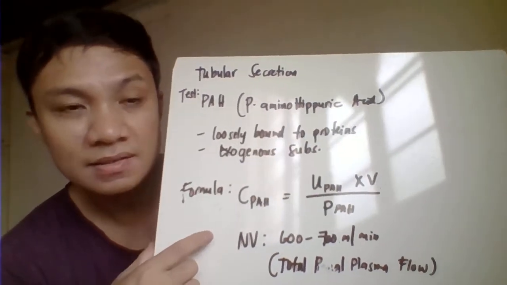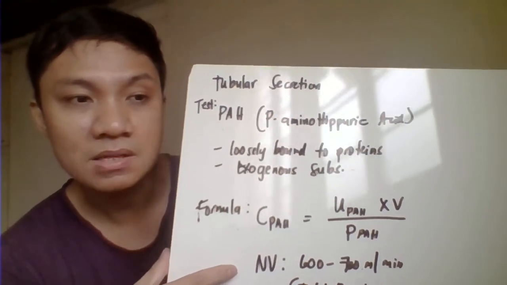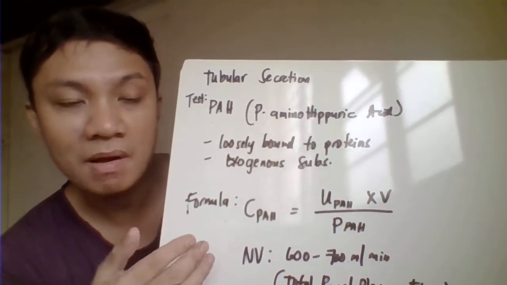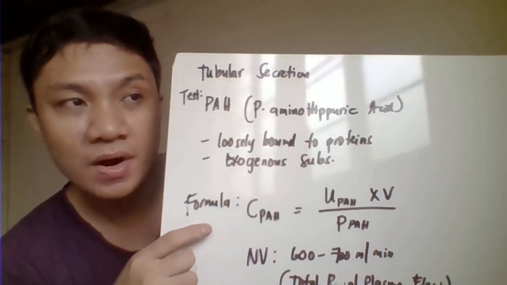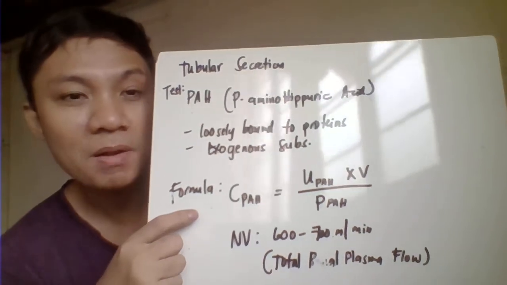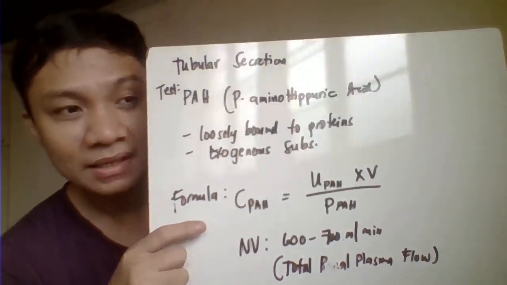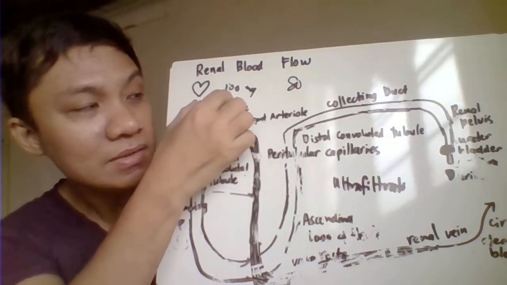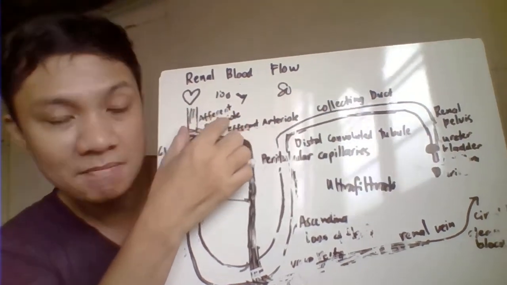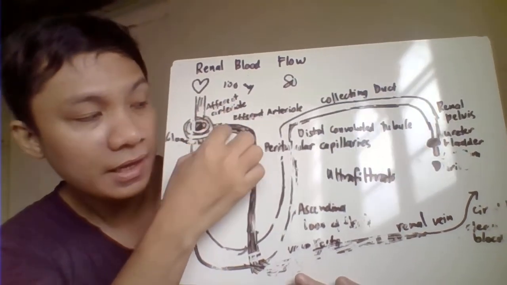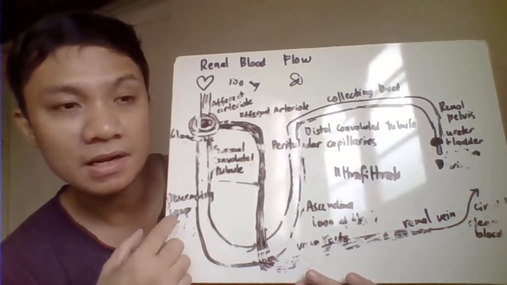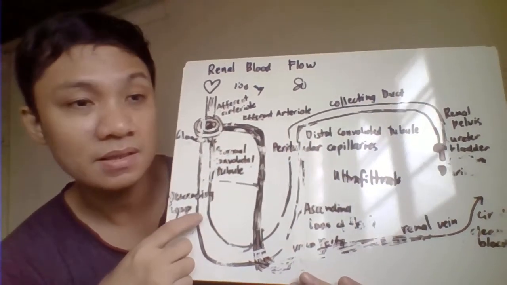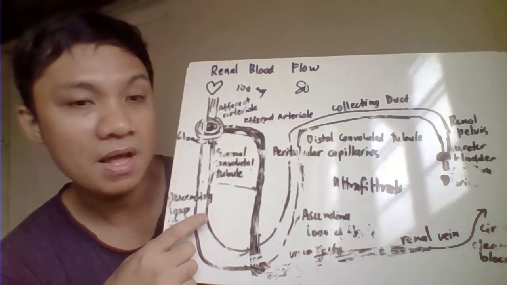Again, your 600 to 700 mL per minute, this is your total plasma flow, not your 1,200 mL per minute. Bakit hindi 1,200 mL per minute? Because again, 1,200 mL per minute pumapasok dito na blood, di ba? Nagkakaroon lang ng contact dito sa peritubular capillaries natin, so only 600 to 700 mL per minute.